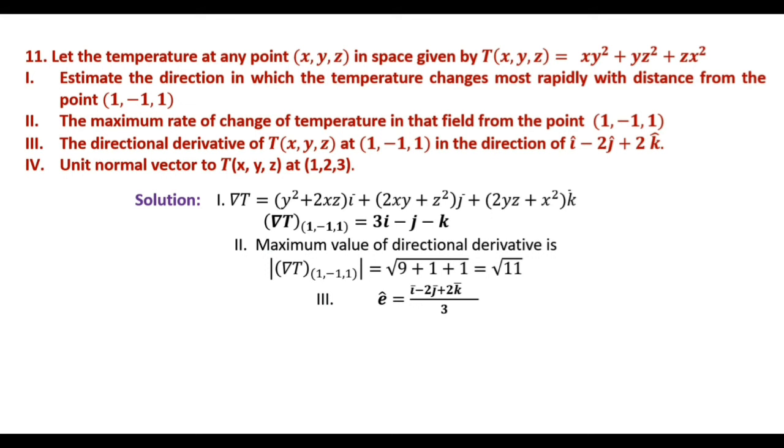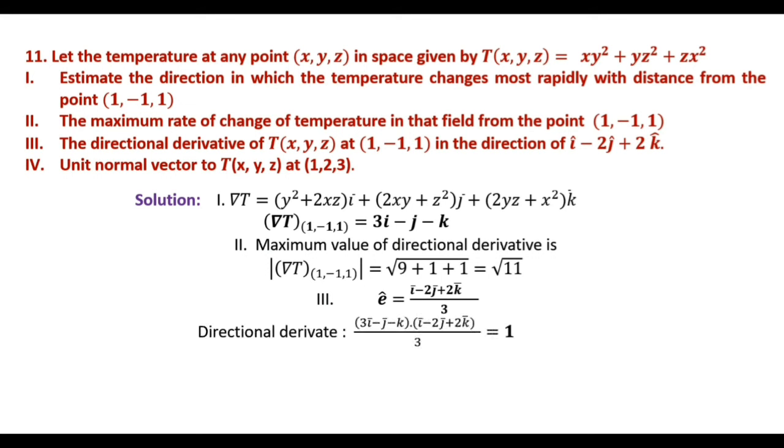Third question, the directional derivative of the temperature function at the point in the direction of some non-zero vector. First you need to find the unit vector. So e cap is the unit vector along the vector i bar minus 2j bar plus 2k bar, whose length is square root of 1 square plus (minus 2) whole square plus 2 square, which is root 9, that is 3. So the unit vector becomes (i bar minus 2j bar plus 2k bar) by 3.